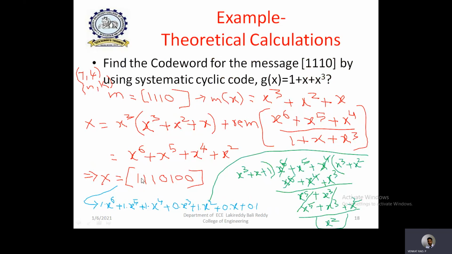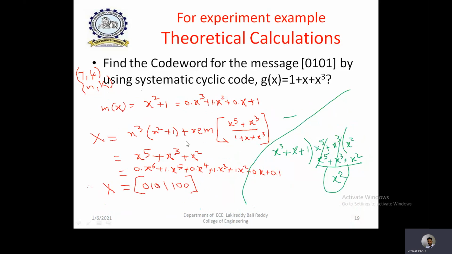Okay, so 1 into x power 6, 1 into x power 5, 1 into x power 4, 0 into x cube, 1 into x square, 0 into x, 0 into 1. So finally this one, x power 6 plus x power 5 plus x power 4 plus x square. This must first be written like this. Based on these coefficients, you can directly write the bit sequence. So 1 1 1 0 1 0 0 like this.